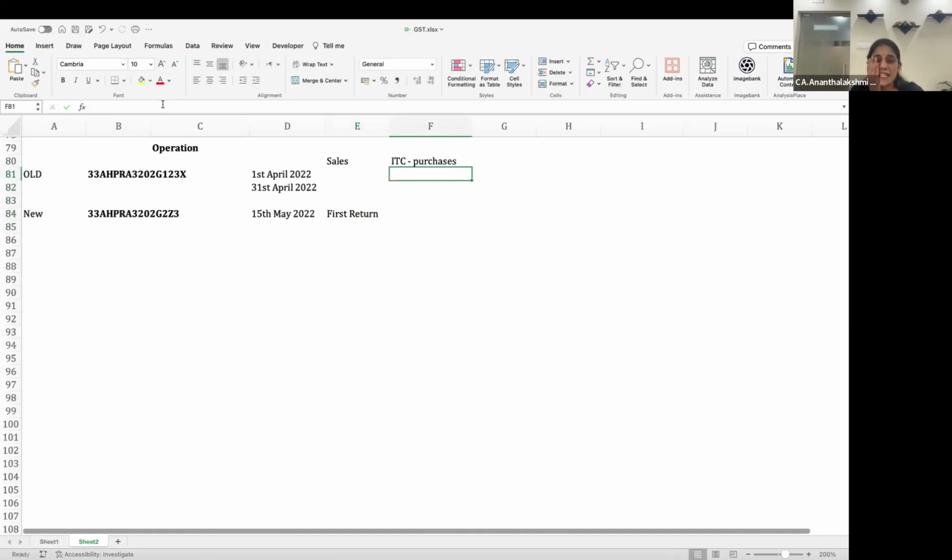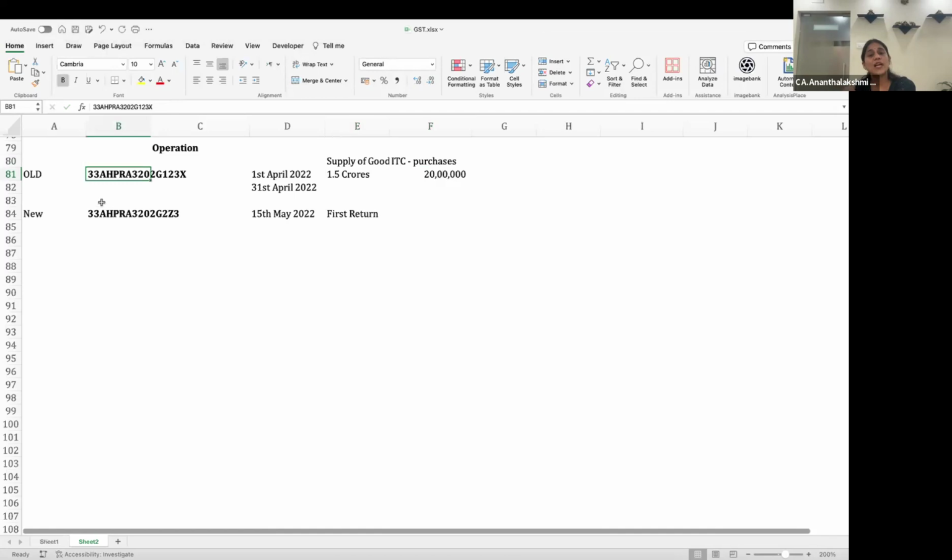Whatever ITC, for example, let's say the company has made 1.5 crore turnover. Let it be supply of goods, for our convenience. ITC purchases: assuming the ITC that the company has received during the period could be 20 lakhs. But under which category is this 20 lakhs? It is under the old GSTN number.